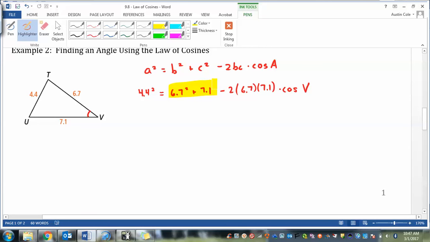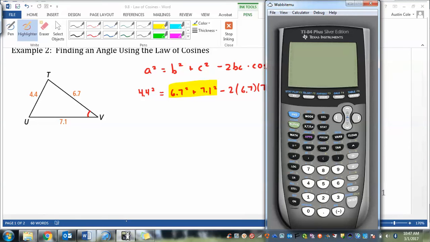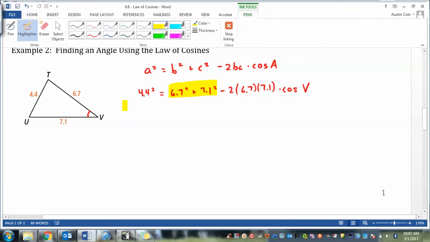Type that thing in. I did 4.4 squared, and I get 19.3. Oops, that's not what I want to write with. So 4.4 squared is 19.36. And then we did this in my calculator, or your guys' calculator. What do you get there?